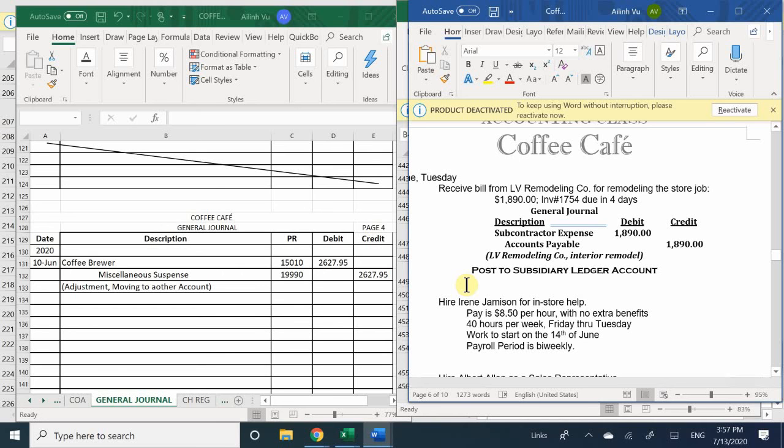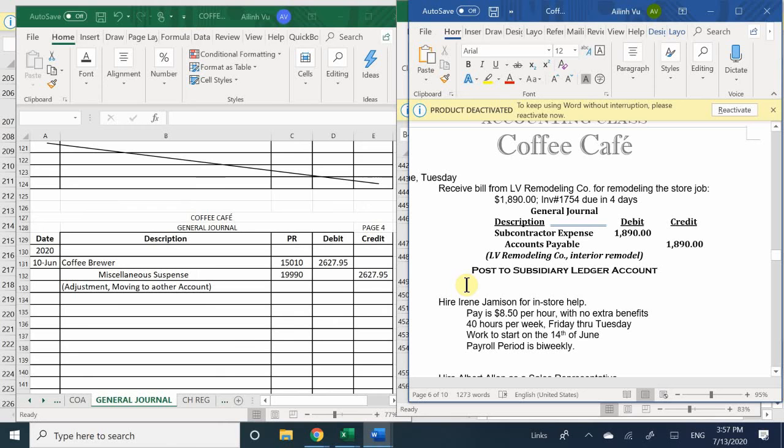If you guys remember, after the consultation for Kim Robinson, she gave us the consultant saying this is how you should design it. We hired LV Remodeling to do the interior design for the store. So here they sent us a bill for $18.90 for the whole entire project, invoice number 1754, and it is due in 4 days.